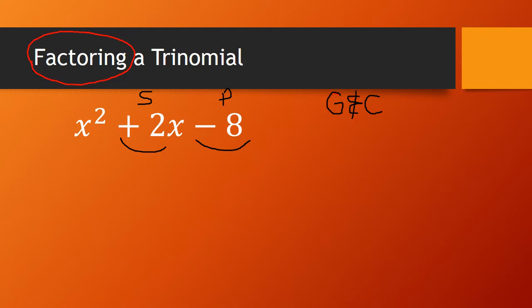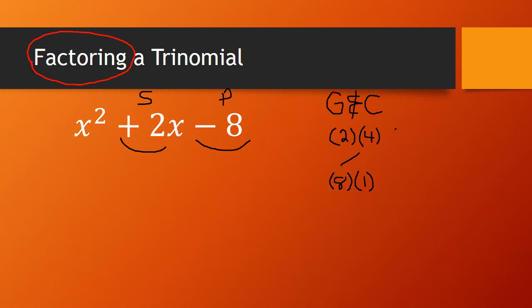The factors that I can think of that can help me get to negative 8 are 2 and 4, or 8 and 1. Now let's work with 2 and 4 first. Since the sign with 8 in this trinomial is a negative, that tells me that one of the two factors is going to have a negative sign while the other is going to have a positive sign.